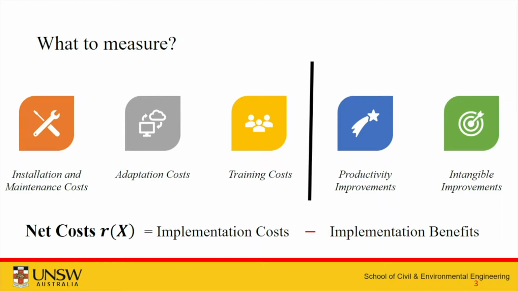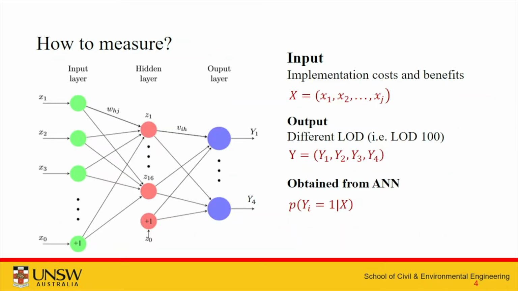And how are we going to measure it? We use a standard neural network to help us in calculating. The input that we are going to put in the neural network will be the cost and benefit we mentioned in the last slides, but the number of input neurons depends on which cost or benefit we are measuring, because for each of them we have different input dimensions.